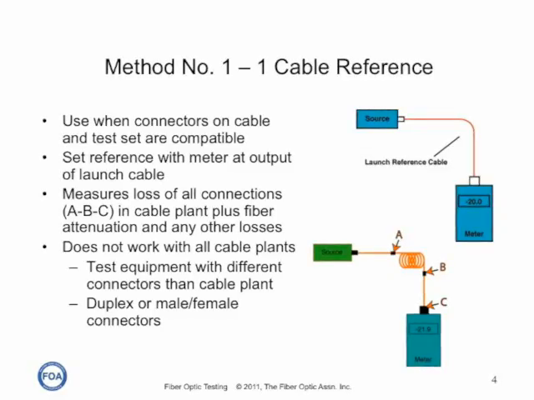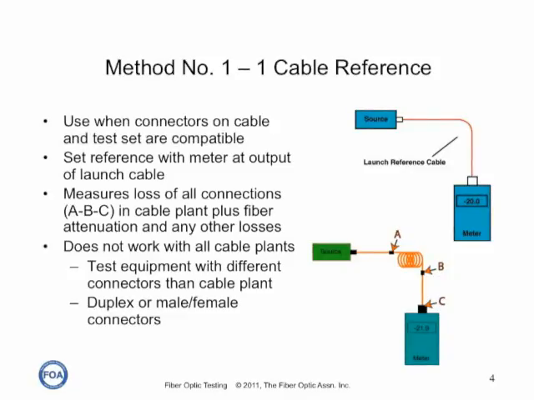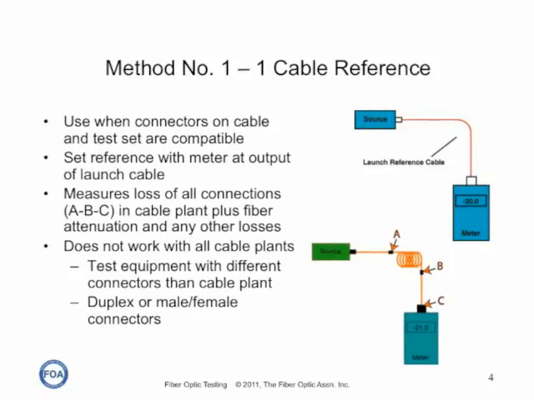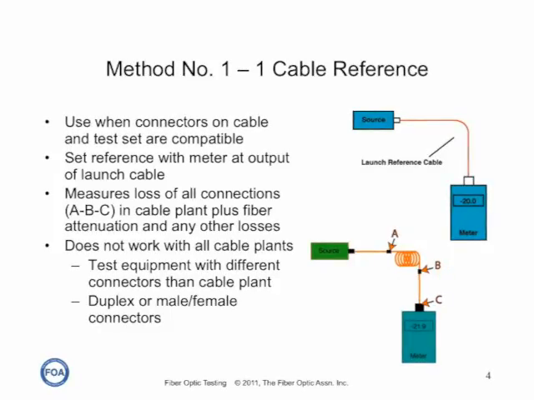Since we know the output of the launch reference cable, we can measure the loss of the cable plant connection at A, any losses in the cable plant, the loss of the connection of the cable plant to our receive reference cable at point B. So our measurement includes the connections on both ends of the cable and everything in between.